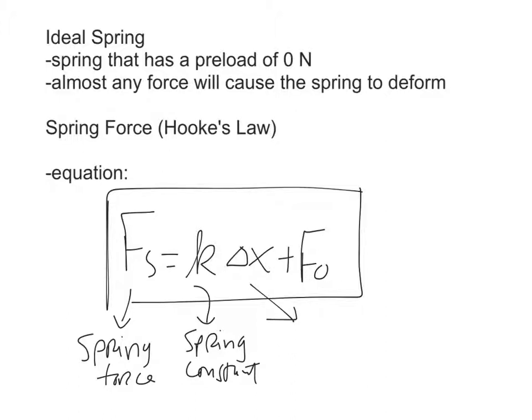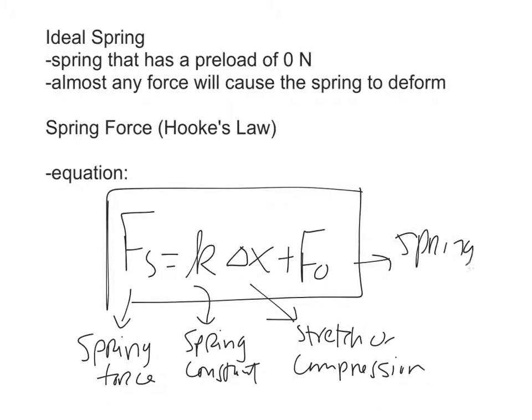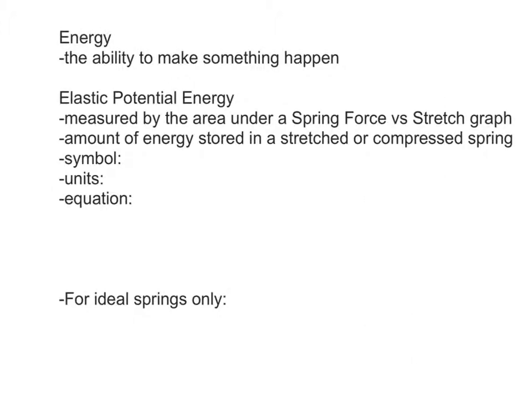Delta x is the stretch or compression. And F0 is your spring preload. So that's Hooke's law. Again, I know we said we're doing energy. This is really the only new force equation we'll have, and it's not used that much, but it will pop up here and there. Okay, so next, energy.